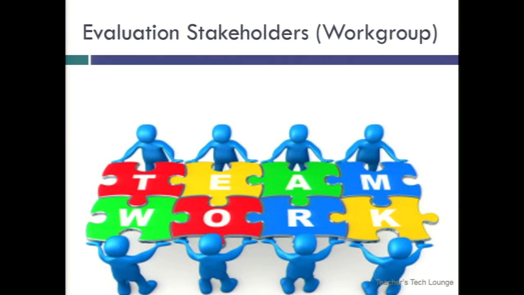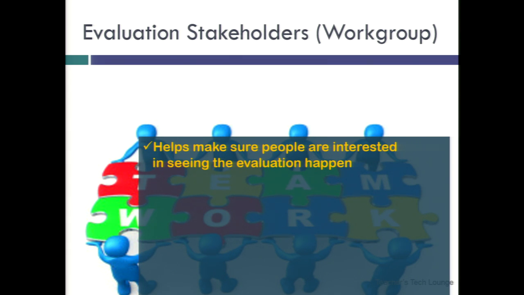So you can create an evaluation stakeholder work group, or whether they come together and meet all the time, or whether they're kind of on an advisory board is up to you, but you do need to engage stakeholders. You can't just do evaluation in a vacuum. Why? Well, there's several reasons why you should engage stakeholders. One is it helps to make sure that someone's going to be interested in seeing the evaluation happen. If you have an idea for an evaluation and you try and engage stakeholders and nobody's interested, you might as well not bother.